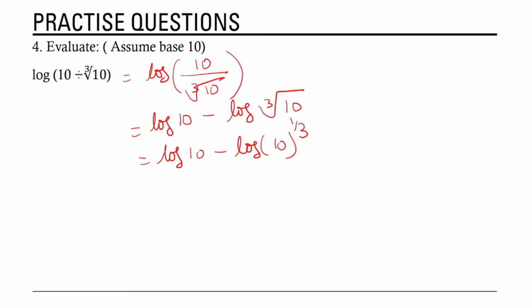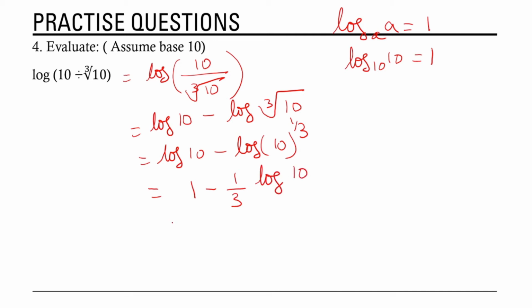Here we have been asked to assume the base as 10. We know that log a to the base a is equal to 1. So log 10 to the base 10 is equal to 1. So this is 1 minus, here we have log 10 raised to 1 by 3. It is 1 by 3 log 10. This is equal to 1 minus 1 by 3 into log 10, which is 1. So this is equal to 1 minus 1 by 3.